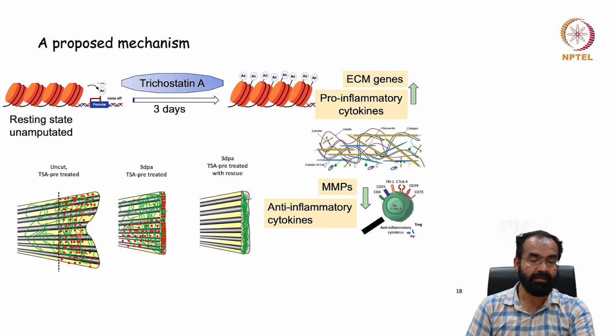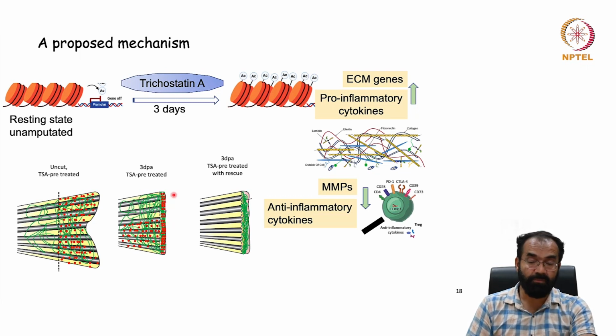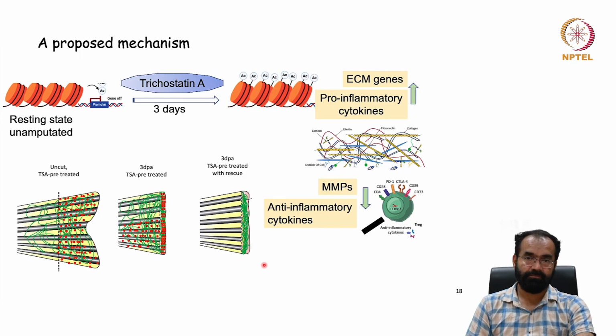Remember, it is uncut, and now you are cutting it. When you are cutting it, remember, there is abundant collagen and other matrix proteins already there in the fin, and the cells are not able to migrate effectively. And if you treat them with TSA, and if you rescue it with NAC or collagenase, then what will happen?